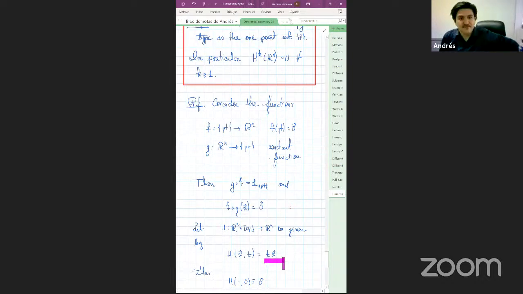That is smooth, right? And exactly at t equals 0, I have the constant function, and at t equals 1, the identity function.